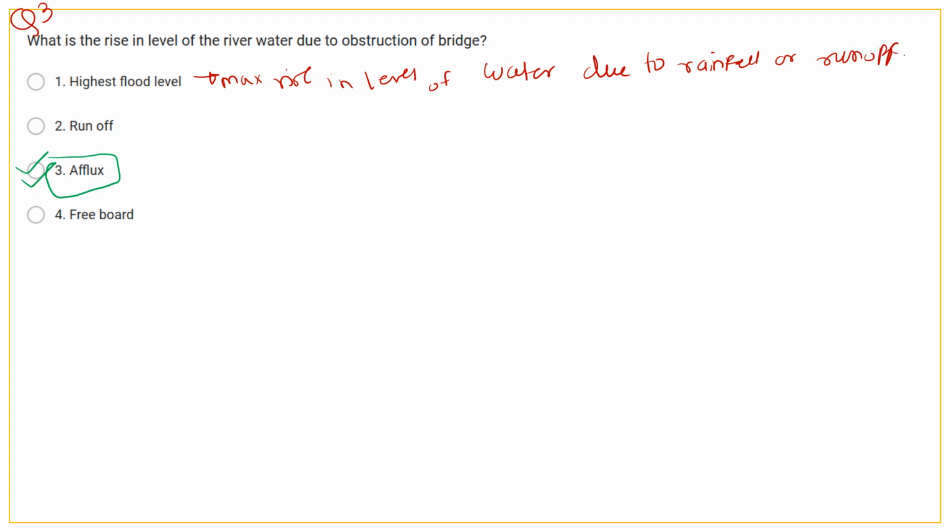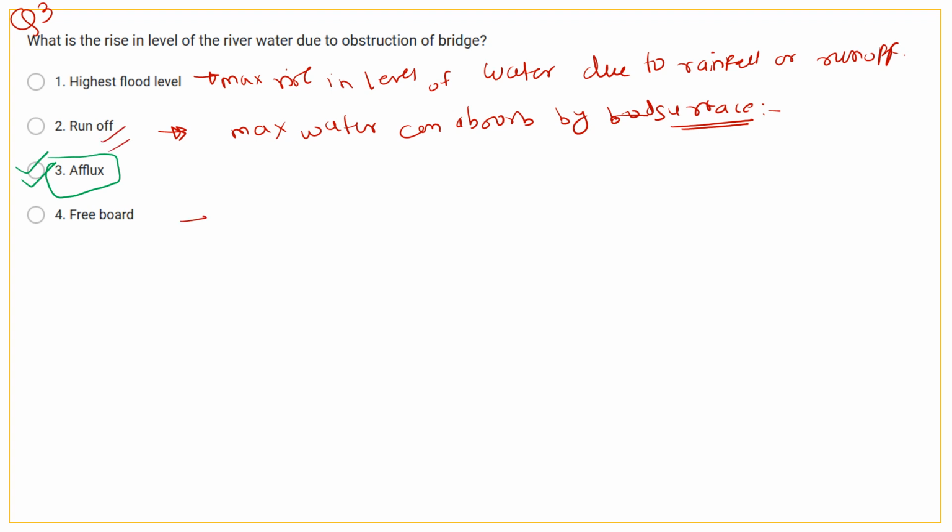Then next, runoff. Runoff is the water beyond what a surface can absorb. If that surface reaches its maximum level of absorption and the remaining water is not absorbed by the surface, the water which is more than the absorption capacity of the surface is nothing but runoff.